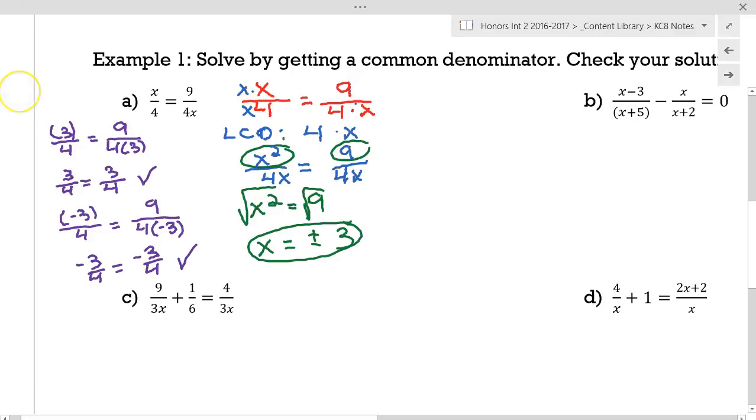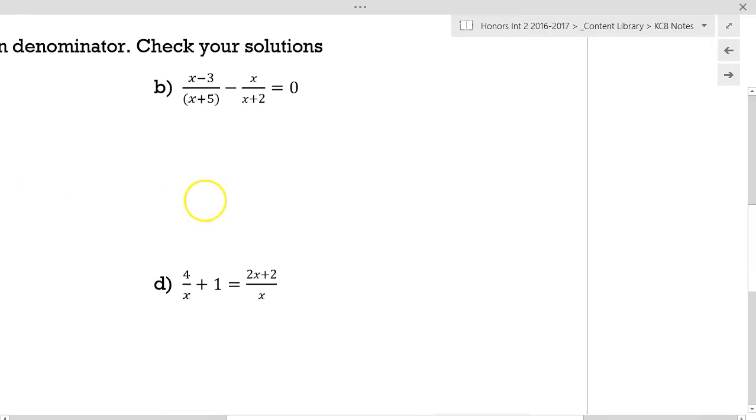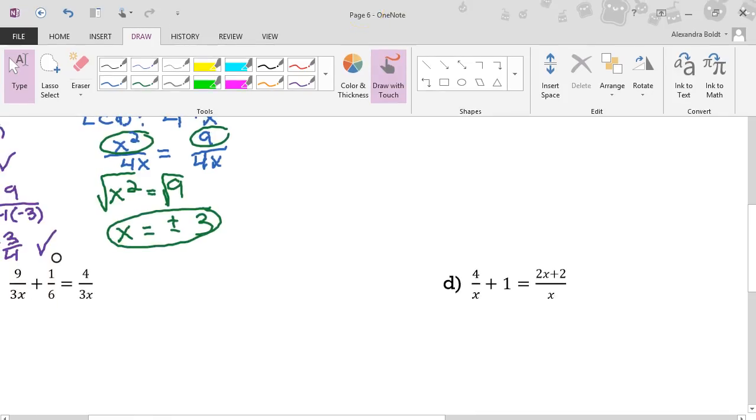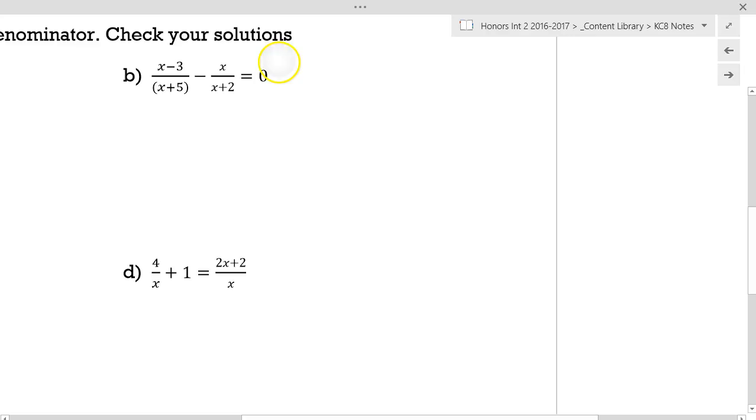Let's look at another example. Looking at B, I have x minus 3 over x plus 5, minus x over x plus 2, equals 0. Remember, this 0 is really over 1. So I don't have to do any factoring here.